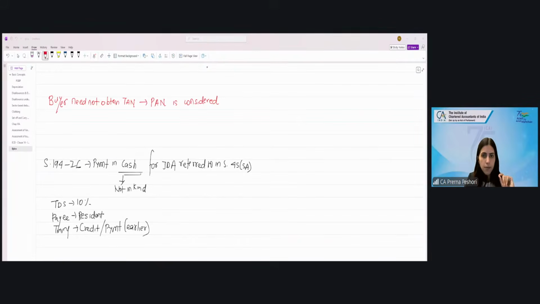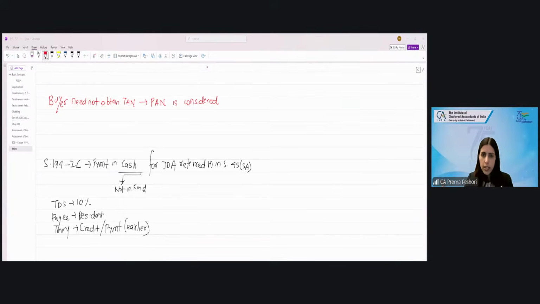Ma'am, can you please repeat this once more? Sure. So whenever there is a landowner, the builders usually take the land possession from the landowners and develop the flats or the building or a project on that land, because the lands usually belong to the farmers or villagers. So when they develop the property on that land, they agree to give the landowners a share in that property plus some cash consideration.